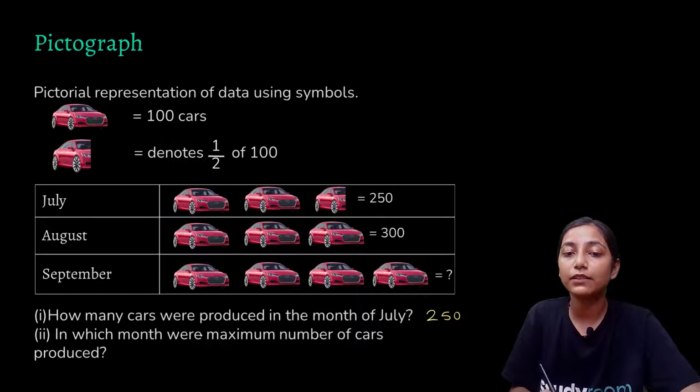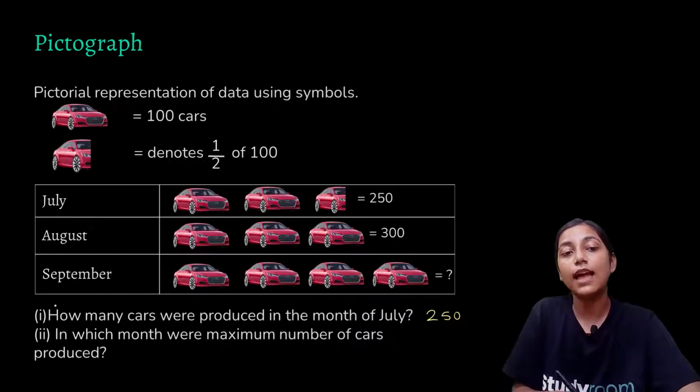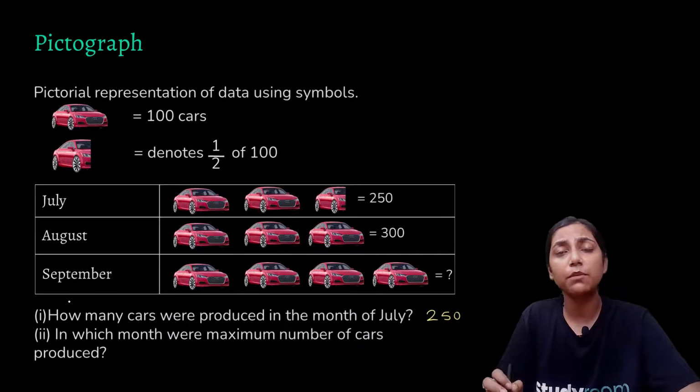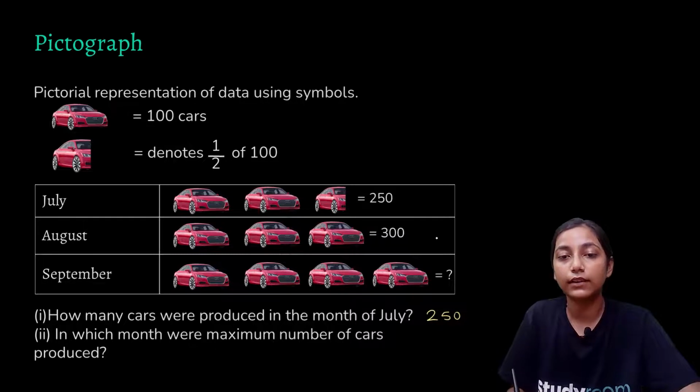Now, in which month were the maximum number of cars produced? So in July there are 250, in August there are 300. Now can you find how many cars are produced in September? This means 100 cars, this means 100 cars, this is 100 also, and this is again 100.